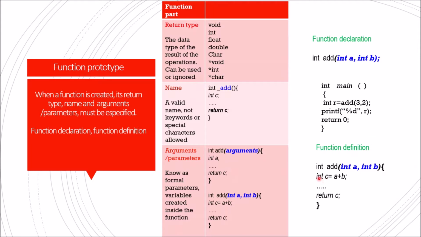Then here at the end of this addition, because I am adding a and b, I'm going to store the result in c and return c. I'm going to return the result of integer type using this final keyword return and this variable of the same data type that I specified here, integer.